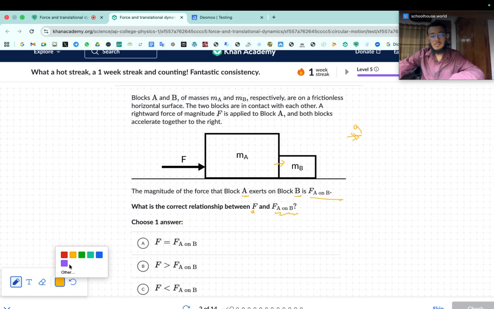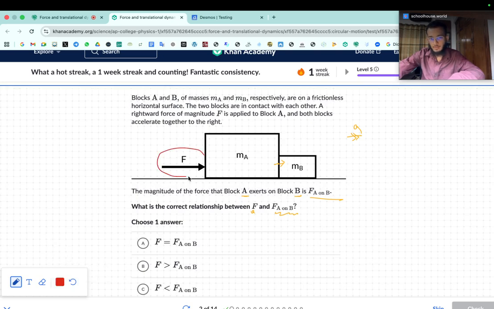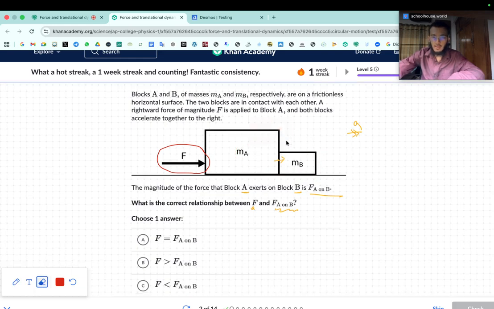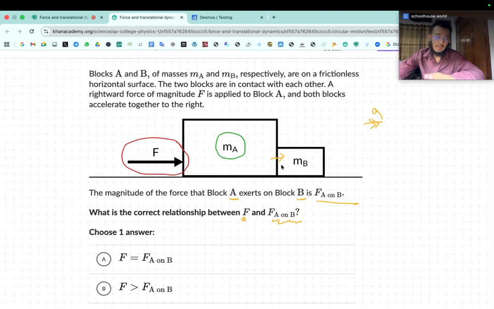Because this force is responsible for moving the entire system of two objects, you could think of it this way: the force F gets used up in moving both mA and mB.